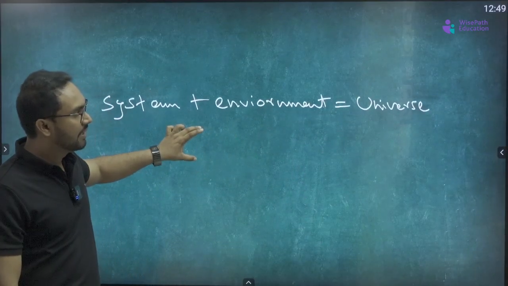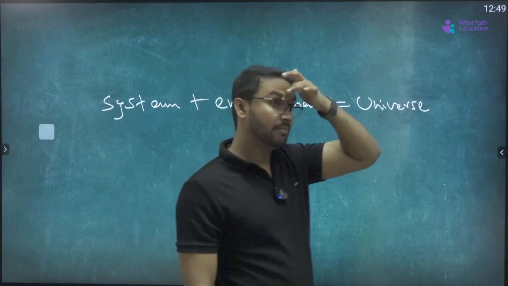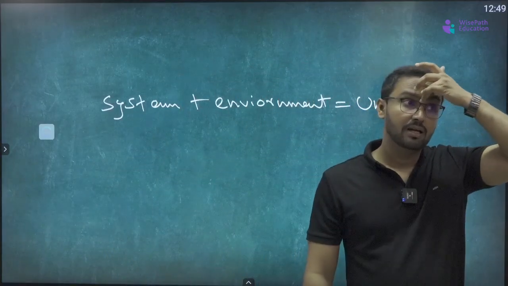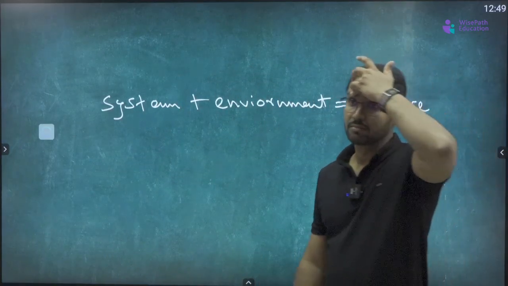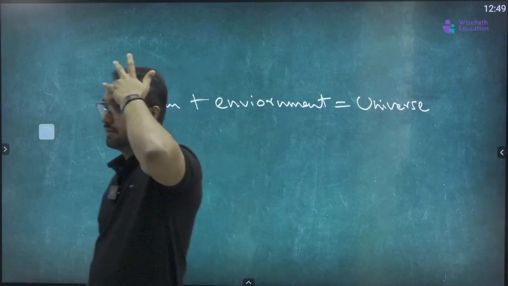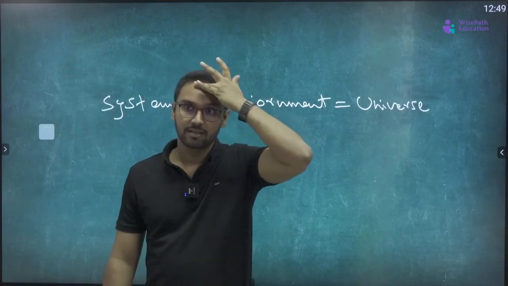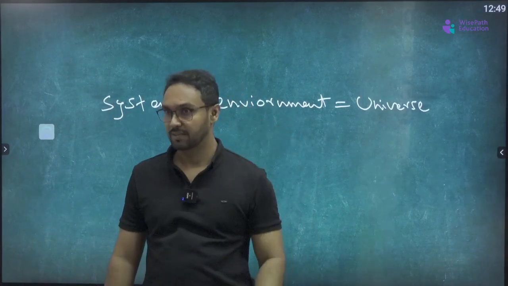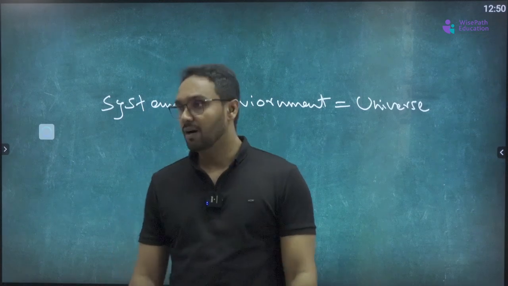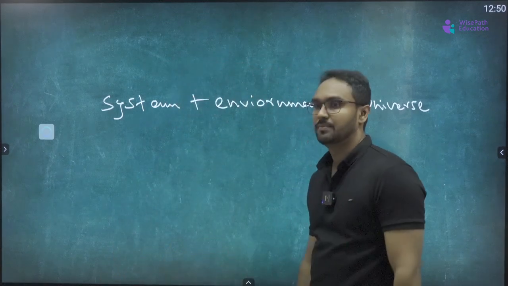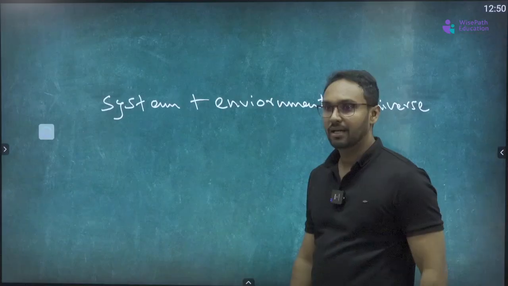So now tell me this. I am trying to prove one of the laws, one of the laws of energy. So now you are the system, and the surrounding is the environment.